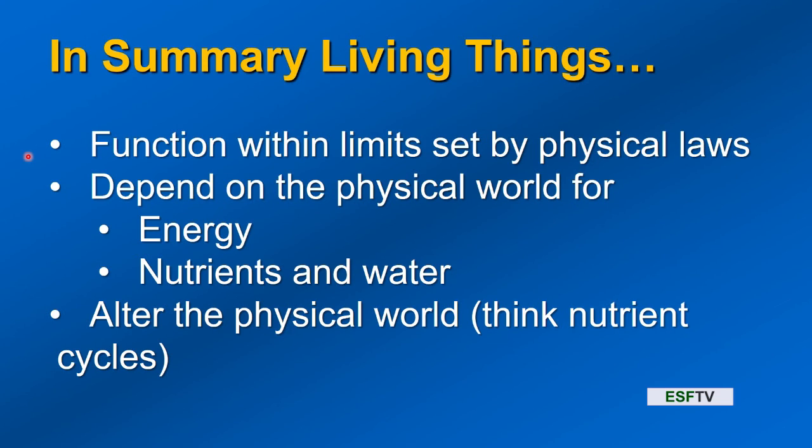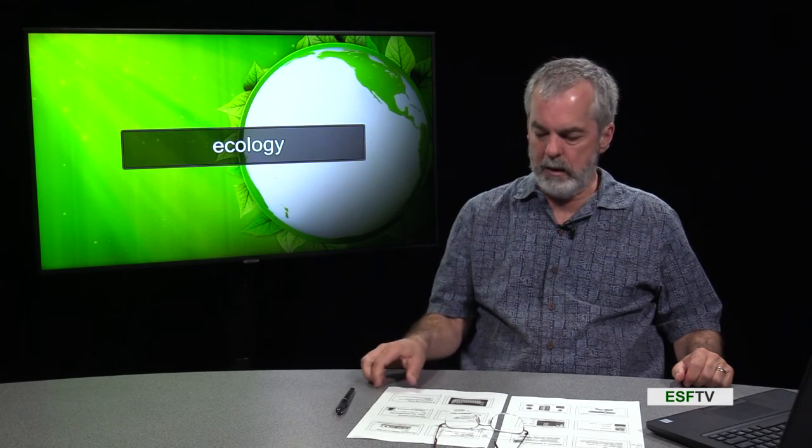And we are all altering the physical world. You know this just through conservation issues, but I want you to think of it in terms of nutrient cycling, where we are taking sugar, cranking out CO2 and water, doing other things through our waste products. You can't possibly live on the planet without altering it. And the more we understand that, I think the better off we'll be.